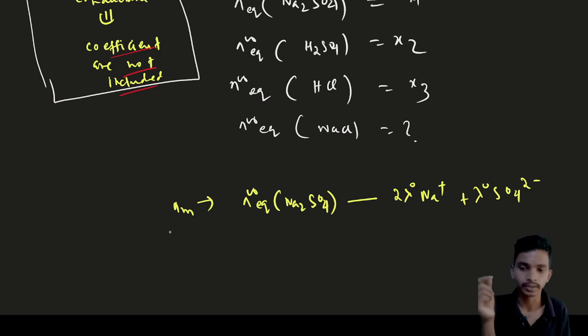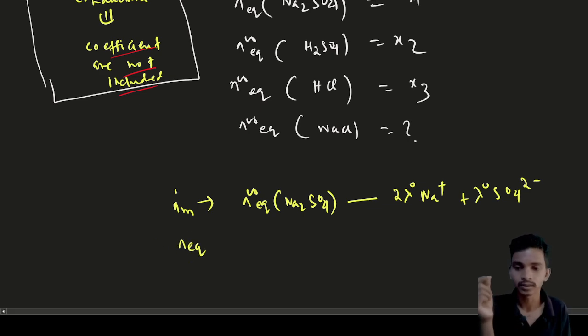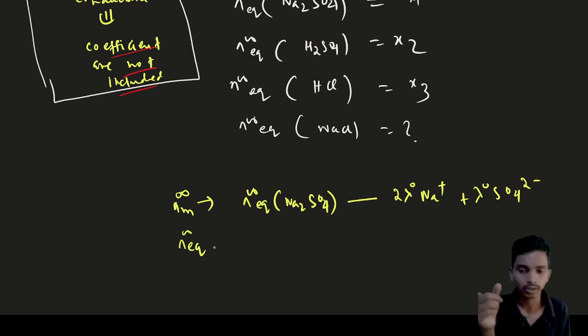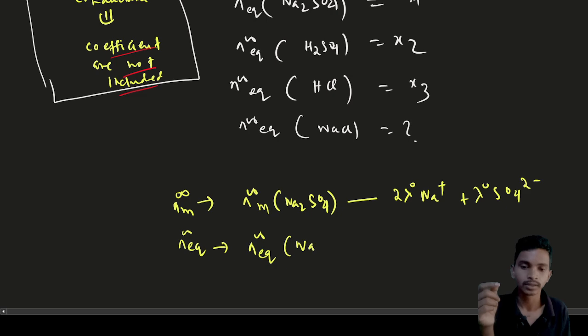If it is equivalent conductance at infinity, or we can write it this way, anyone you can write, let's say I am writing this one only. So if this is written for equivalent conductance, then what do you do? This is for molar conductance, and for equivalent conductance, this coefficient will not be written.